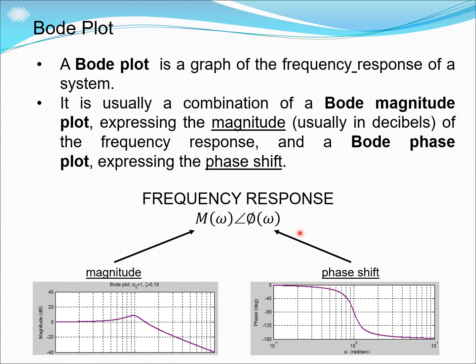So this is the frequency response that we are studying, which consists of the magnitude and the phase shift. And the magnitude and phase shift is plotted in the Bode plot like this. And usually we plot both the magnitude and phase shift in the same sheet or same semi-log graph paper.